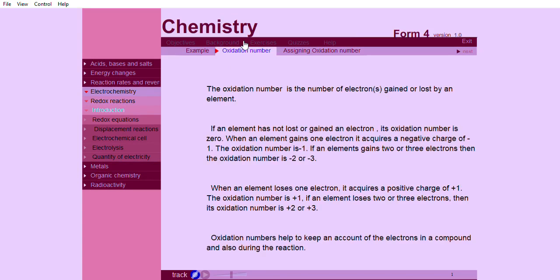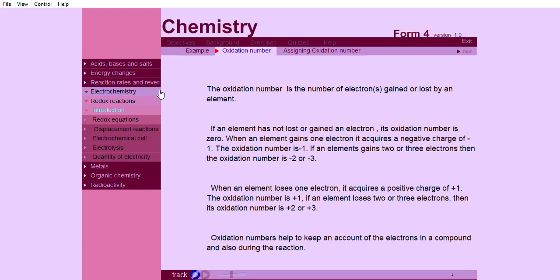The oxidation number is the number of electrons gained or lost by an element. If an element has not lost or gained an electron, its oxidation number is 0. When an element gains 1 electron, it acquires a negative charge of -1. The oxidation number is -1.